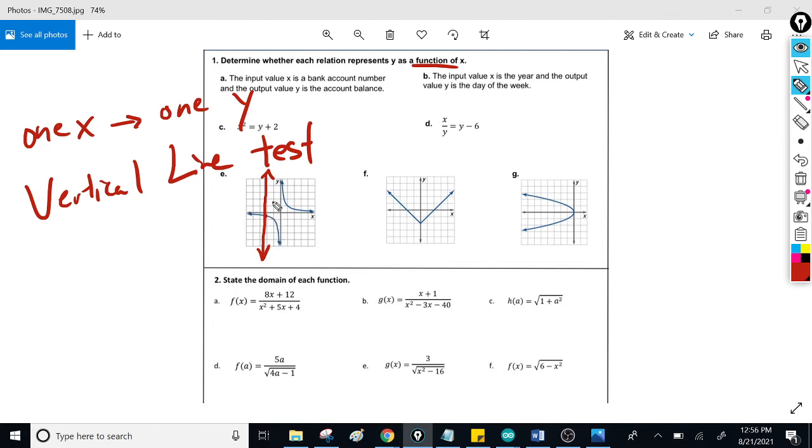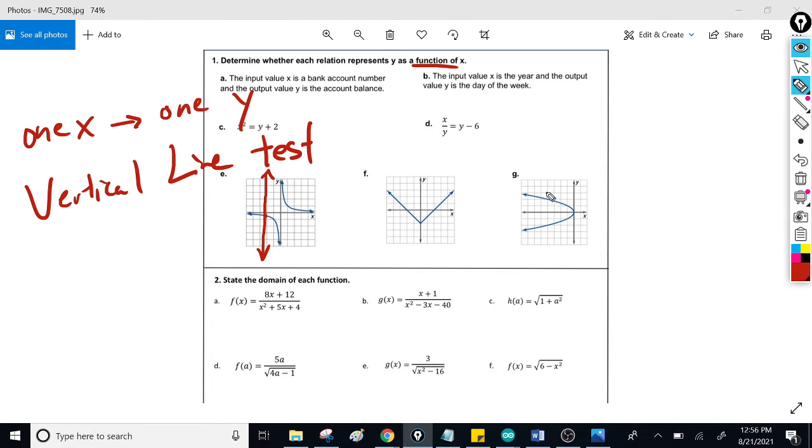You can only cross the graph once. If it crosses once, then that means it is a function. And for this one right here, if it only crosses once, you're good.